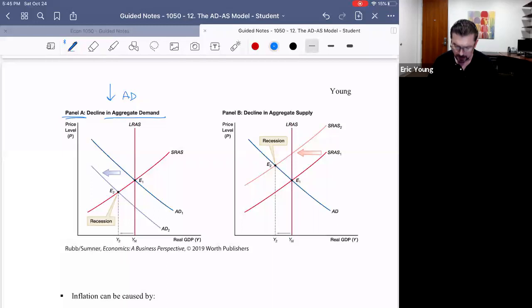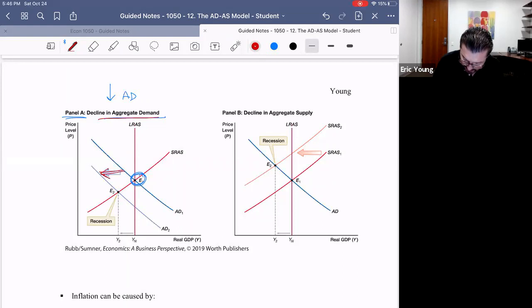Here's the way it works. Take a look. You start off right here in blue at long run equilibrium, where SRAS and our original AD and our LRAS are all equal. Then something happens, we don't know what, but we know that something happens that's going to lead to a decline in AD.